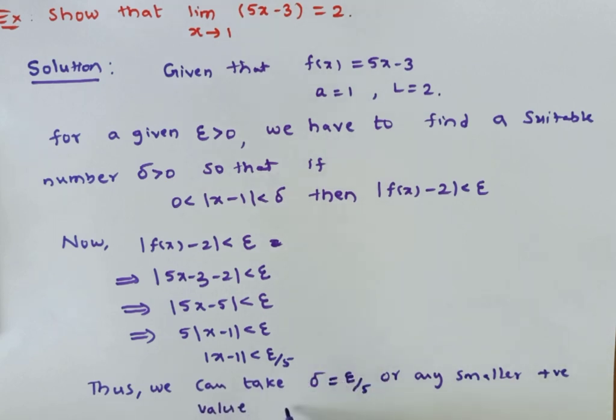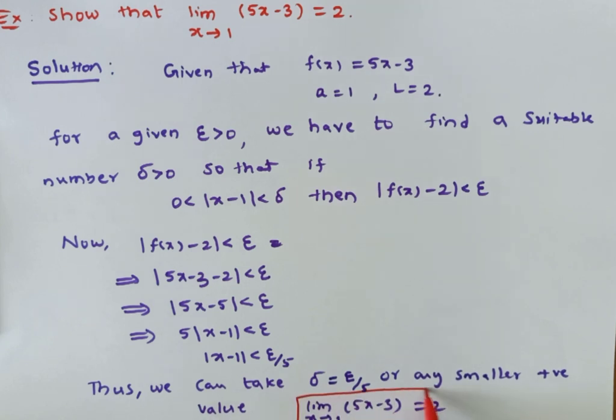So this proves the limit as x tends to 1 of 5x minus 3 is equal to 2, where epsilon and delta are small values. So here we need to show mod f of x minus L is less than epsilon whenever mod x minus a is less than delta.